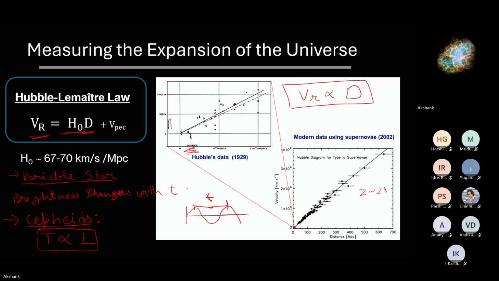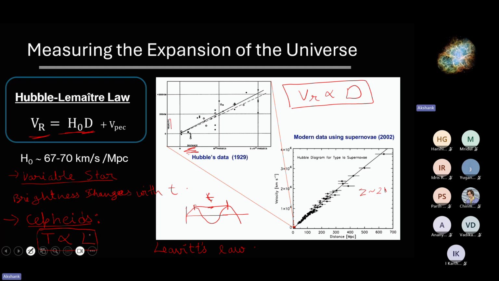Because you can easily observe this time period, that allows you to calculate the luminosity. This is known as Leavitt's law. It relates the time period of a Cepheid to its luminosity.